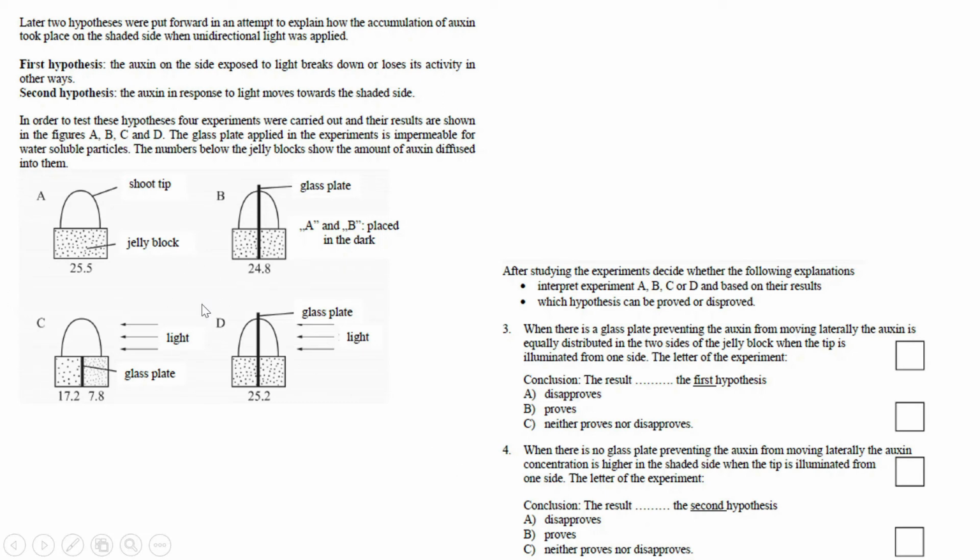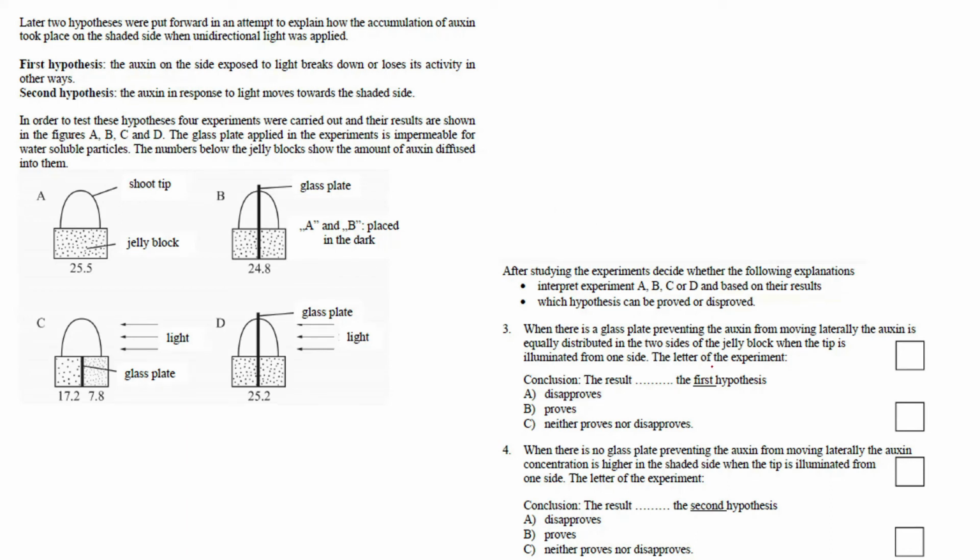Okay, so we can see here the experimental setup. After studying the experiments, decide whether the following explanations interpret experiment A, B, C, or D, and based on their results, which hypothesis can be proved or disproved. When there is a glass plate preventing the auxin from moving laterally, the auxin is equally distributed in the two sides of the jelly block when the tip is illuminated from one side.